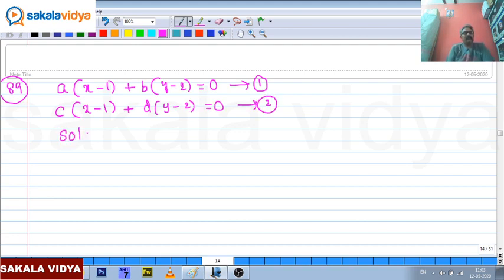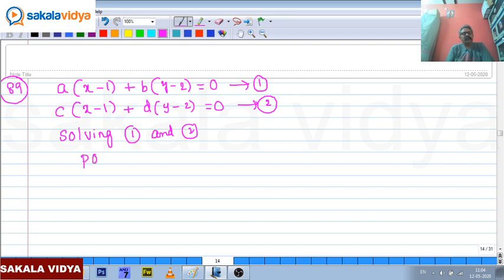Solving 1 and 2, because they are intersecting lines, put x is equal to 1, y is equal to 2; both are satisfied by 1 comma 2.